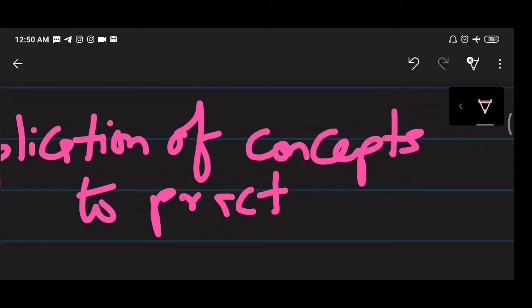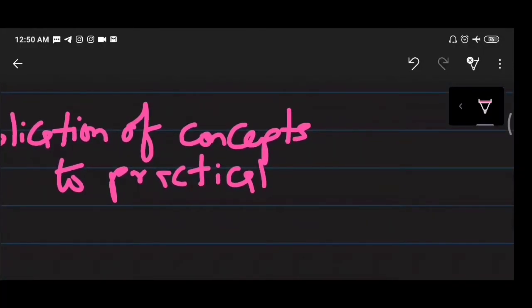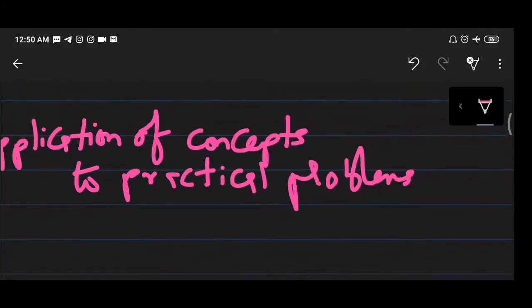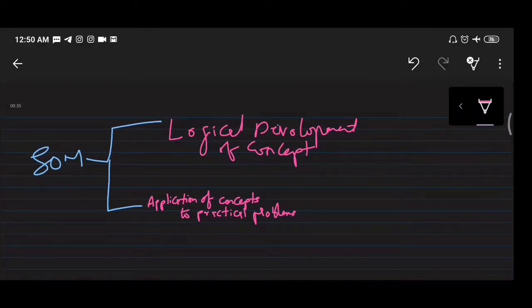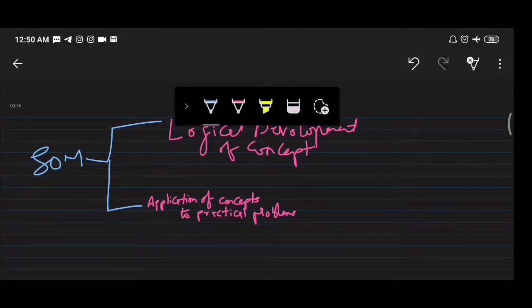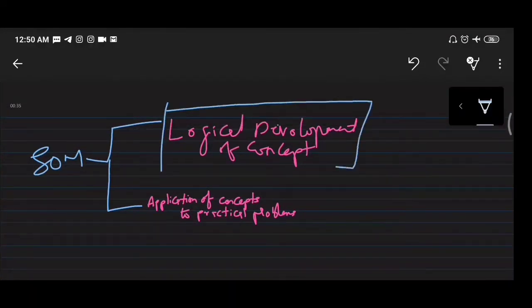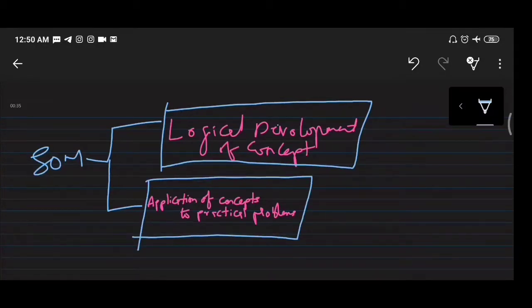So it is mainly classified into two major parts.